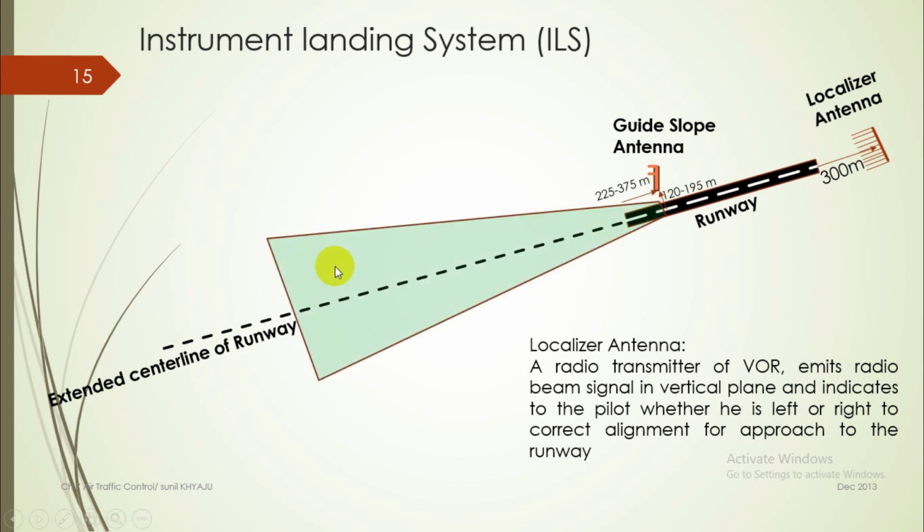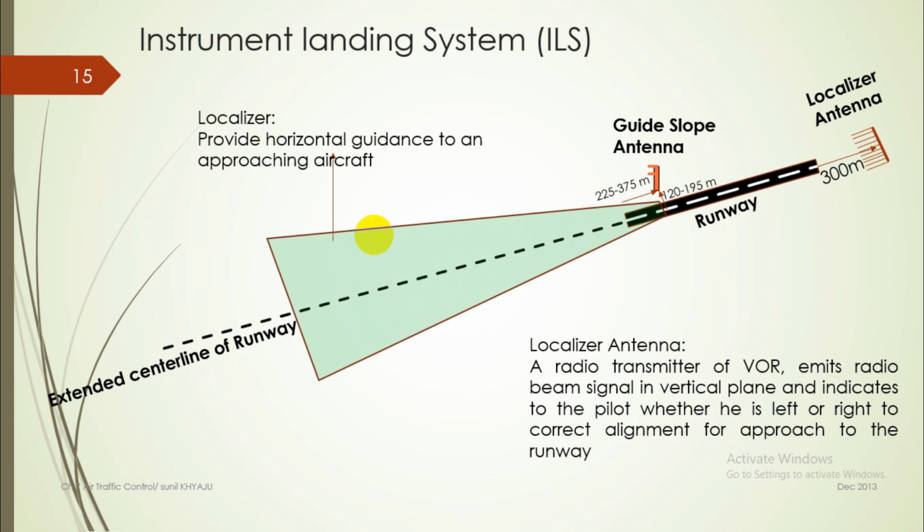These beam signals from the localizer antenna provide horizontal guidance to an approaching aircraft. If the aircraft is flying left of the extended center line of the runway, the localizer antenna guides the pilot to fly right to be at the center of the runway.